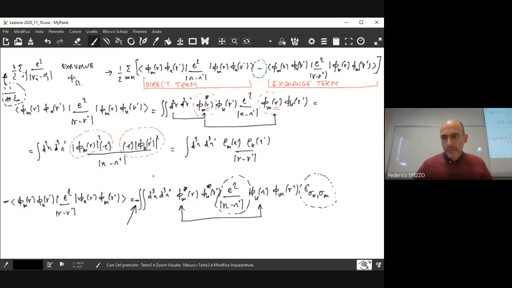The appearance of this term is used to explain why some metals are ferromagnets, but this mechanism is quite hard to use for a strong, overall reduction of the energy of the system. This is confirmed by the fact that in the periodic table, just a few elements are actually ferromagnetic, in particular at room temperature. So this was just a comment on the possible effect related to this term. But I will comment better on that later.